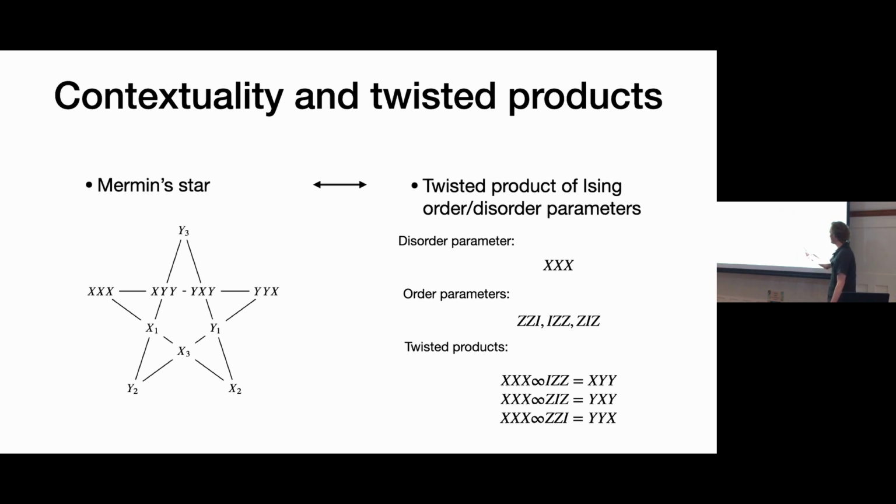So Z times X is like iY. XZ is minus iY. Maybe I got the signs wrong, but it doesn't really matter because you always have a pair of them. So basically this XYY you can think of as X, and then the second thing is XZ, the third thing is ZX. So these twisted products exactly give you the things you measure in the Mermin star game.